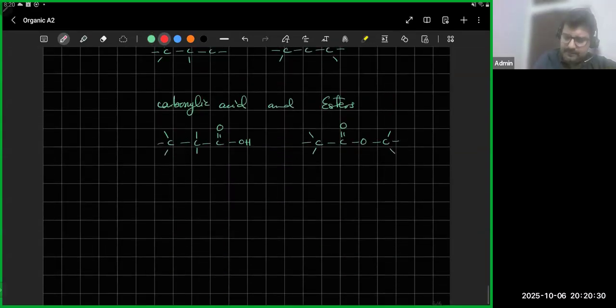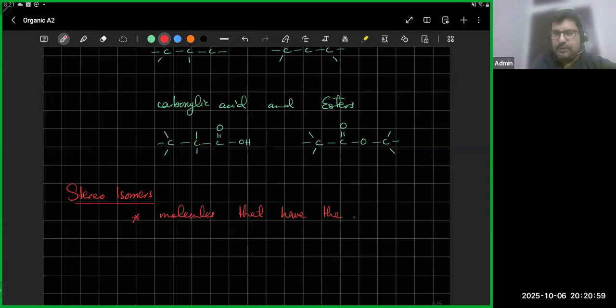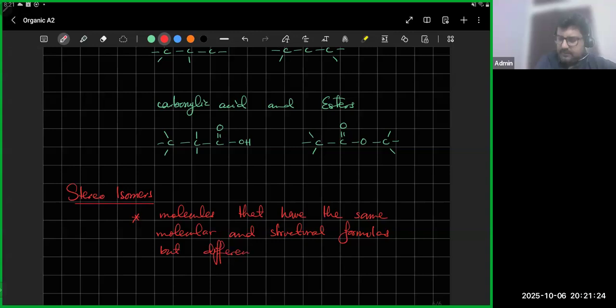Then you have stereoisomers. Stereoisomers are molecules that have the same molecular and structural formulas, so they are exactly the same, just like your left hand and right hand, except for one difference: they have a different three-dimensional geometry of the molecule.